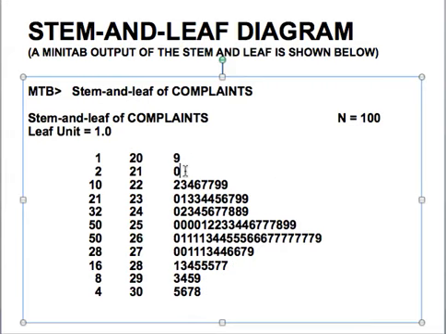That would be followed by 210, 222, 223, 224, 226, etc. You may notice that the numbers are arranged in order from smallest to largest. So the largest number in our data set is 308.